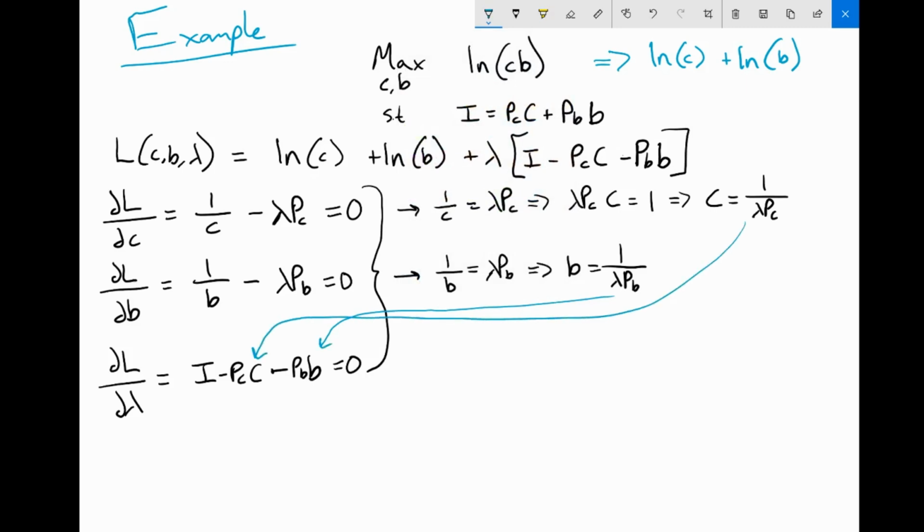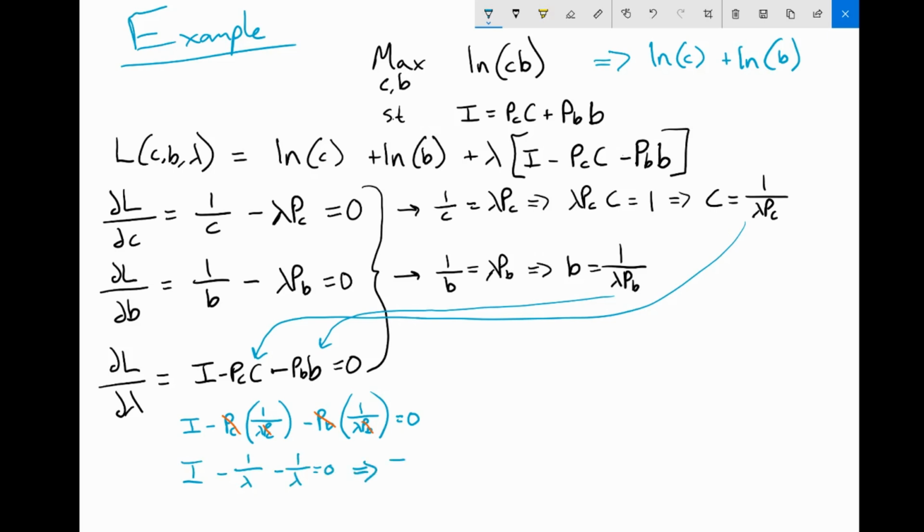And then I'm going to use this to solve for lambda. So let's do that. I minus PC times 1 over lambda PC, minus PB times 1 over lambda PB equals 0. Well, the PCs cancel out, PBs cancel out. I minus 1 over lambda minus 1 over lambda equals 0.